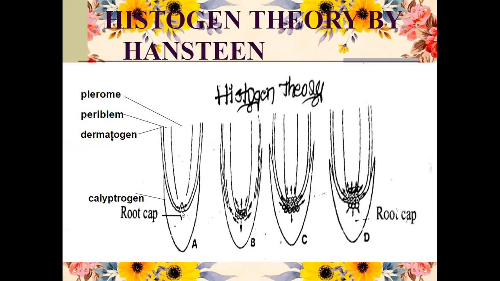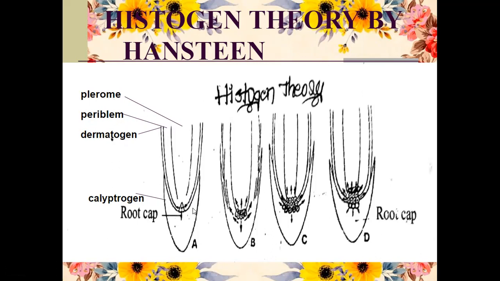In Pteridophyta, at the terminal part of the root, a single tetrahedral apical cell is present; that is the histogen cell. A single histogen cell is present. It is pyramid-shaped. It contains 4 faces. The 4 faces participate in periclinal divisions. It develops into 4 major groups of meristematic tissues: calyptrogen, dermatogen, peribulum, and plerome.